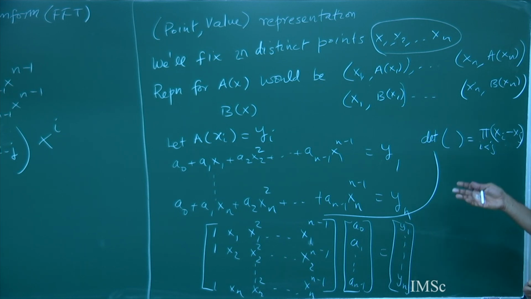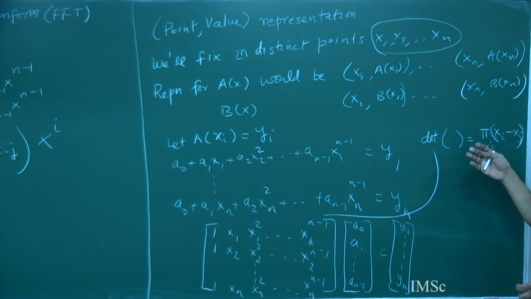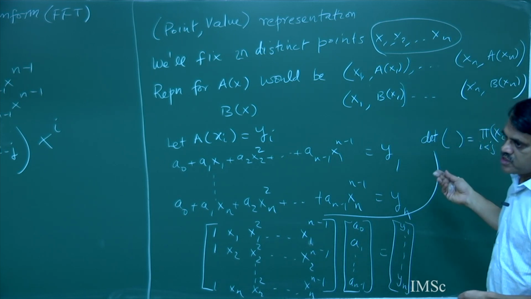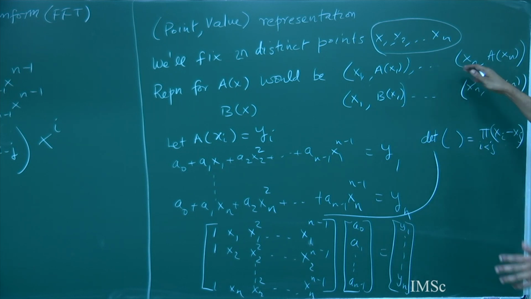Since the product polynomial can have degree 2n minus 2, there will be 2n minus 1 coefficients. So, to start with, even a and b, I evaluate them in 2n distinct points, so that when I do the multiplication, I can do it in pointwise form. So, the good thing is that if you are given polynomials in this form, with these extended 2n distinct points, then I can evaluate the product in linear time.